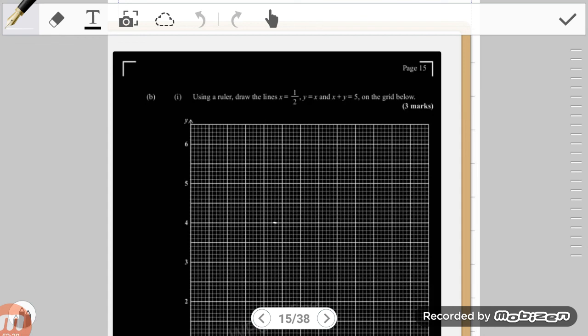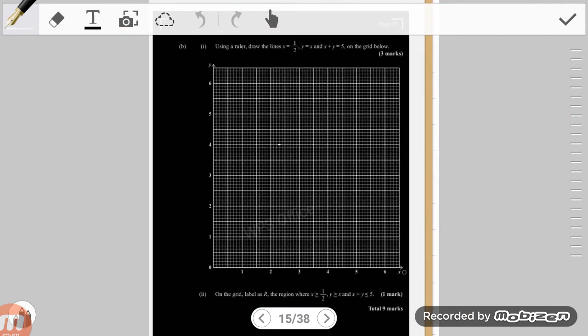So what we have here, guys, is part B. It says, using a ruler, draw the lines x equal a half. You have to also draw the line y equal x, and you have to also draw the line x plus y equal 5 on the grid table below.